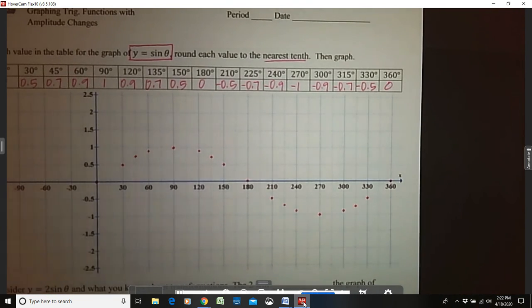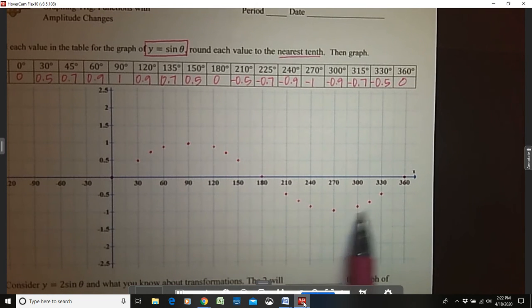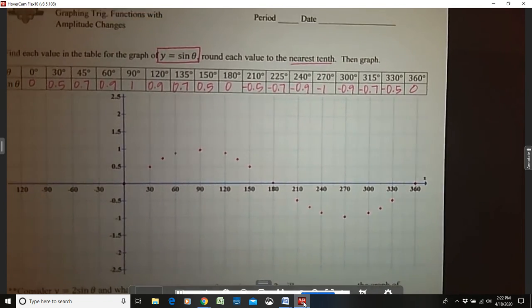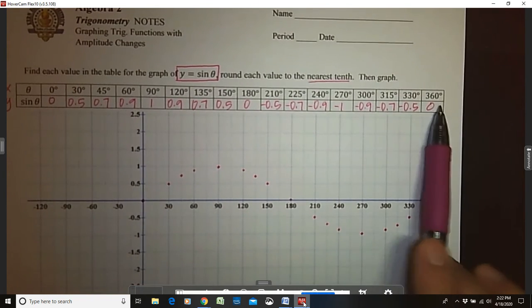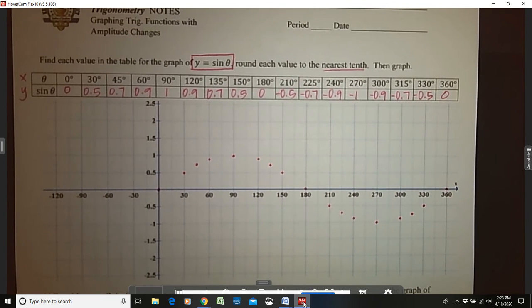All right. So you can see it's like a hill and then it goes down into a valley. And it looks like it goes from 0 to 360 degrees. Notice that's what our table did, 0 to 360 degrees. As you know, usually the table doesn't show the entire graph. And this one doesn't either.